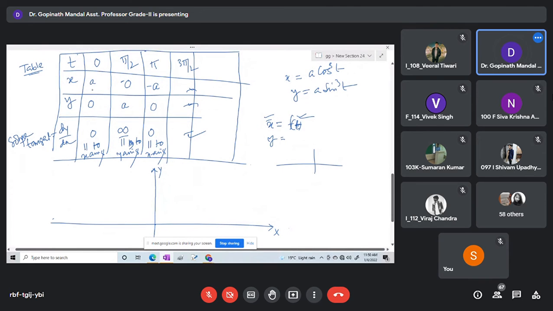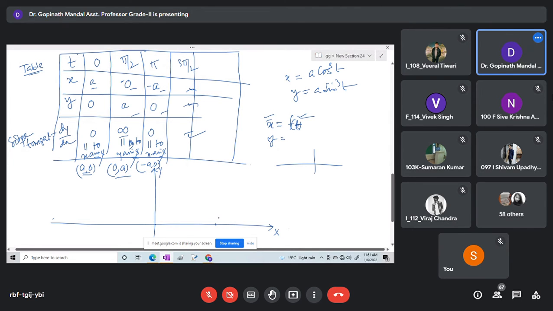Now there is a point at a comma 0. At a comma 0, the tangent is parallel to x axis, and at the point 0 comma a, the tangent is parallel to y axis, and at the point minus a comma 0, the tangent is parallel to x axis.